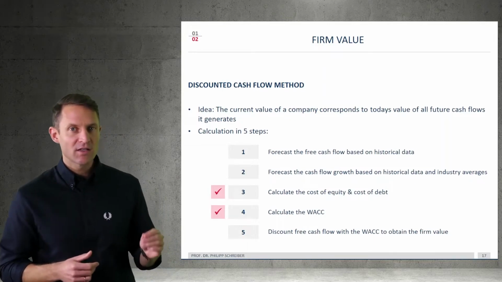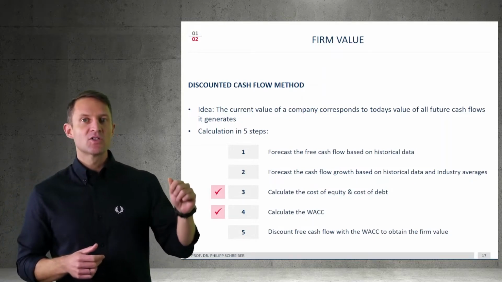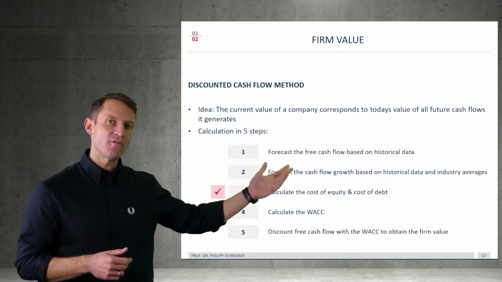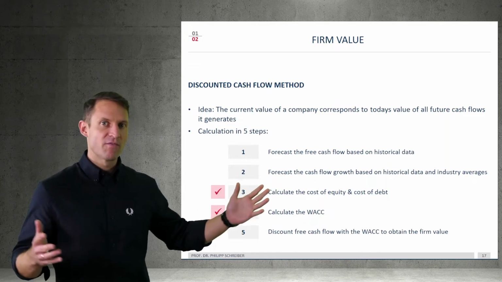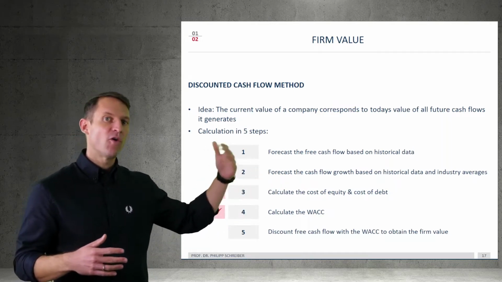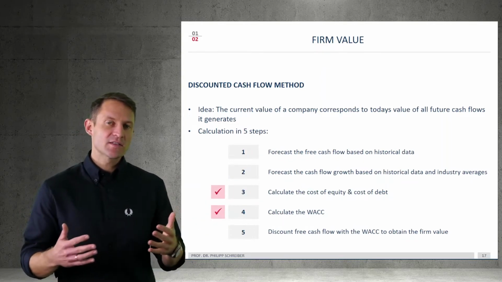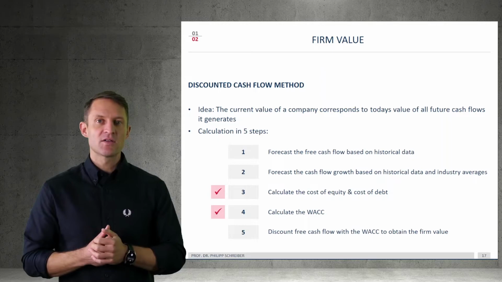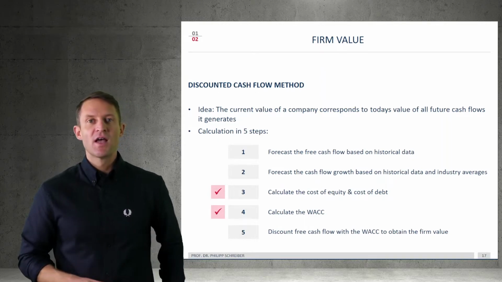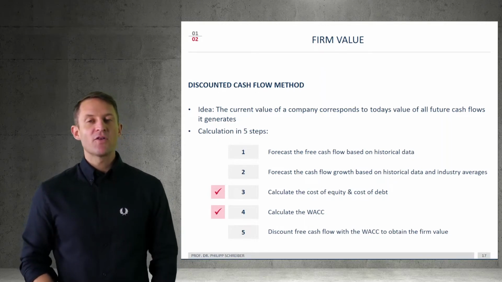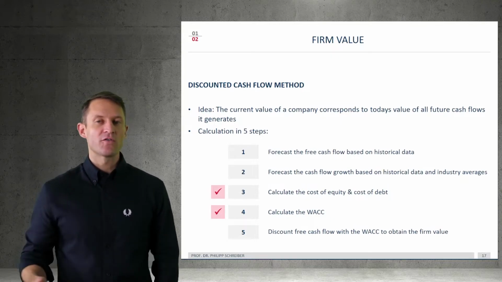So basically the value of a company is today's value of all the profits, simplified now, I'm speaking simplified, of all the future profits they are making. To me as a student, this was a surprising result, because I always thought maybe the value of the company is the total value of the balance sheet.